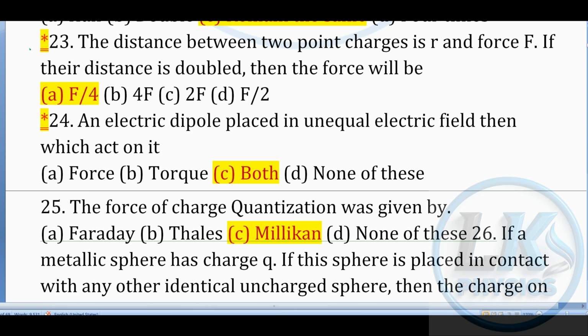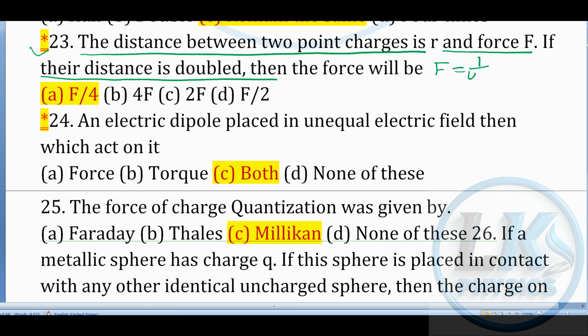Now the question is, the distance between 2 point charges is r and force is F. If their distance is doubled, then the force will be. Now you can solve it. The formula for force acting between the charges is 1 upon 4 pi epsilon naught, q1 q2 upon r square.